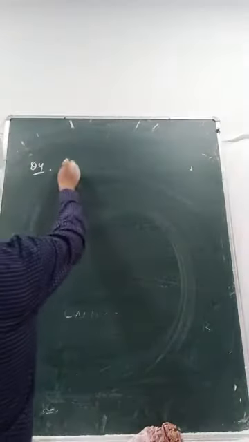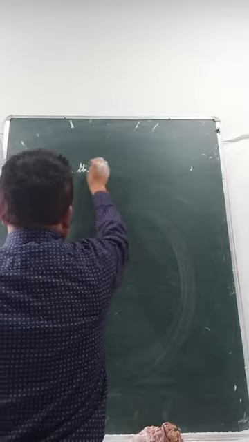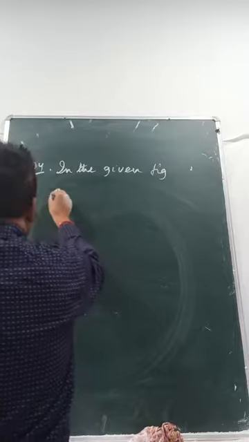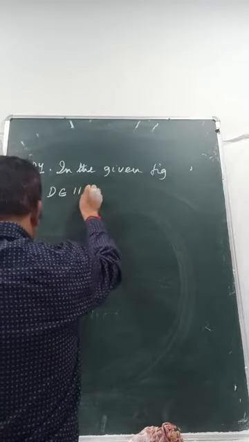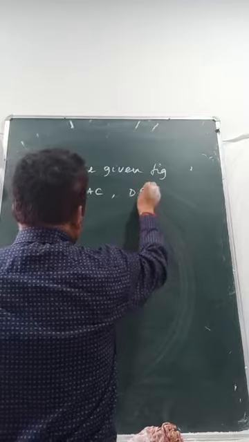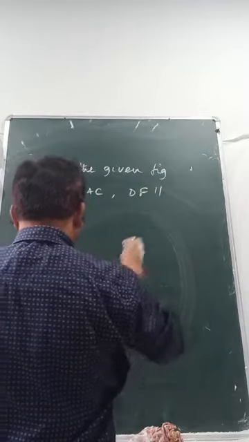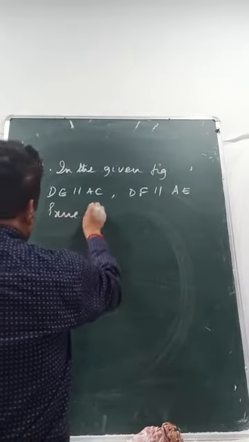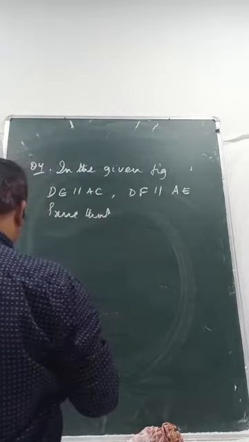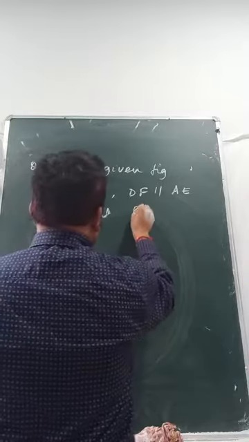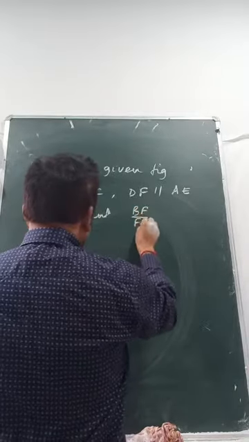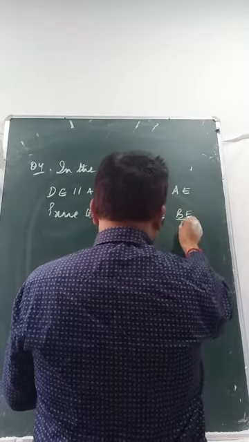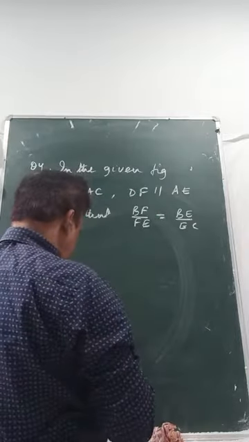In the given figure, DE is parallel to AC, DF is parallel to AE. Prove that BF by FE equals BE by EC. So the diagram is given to us.